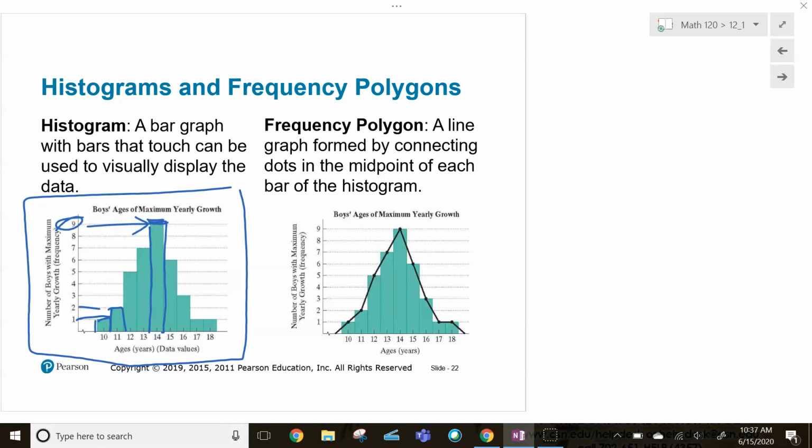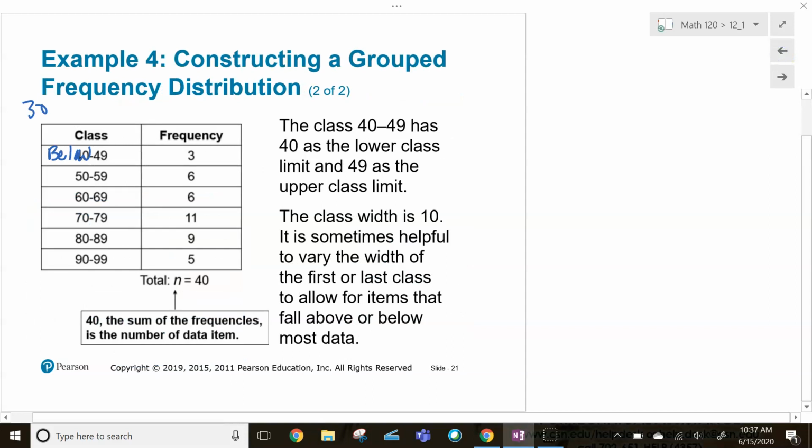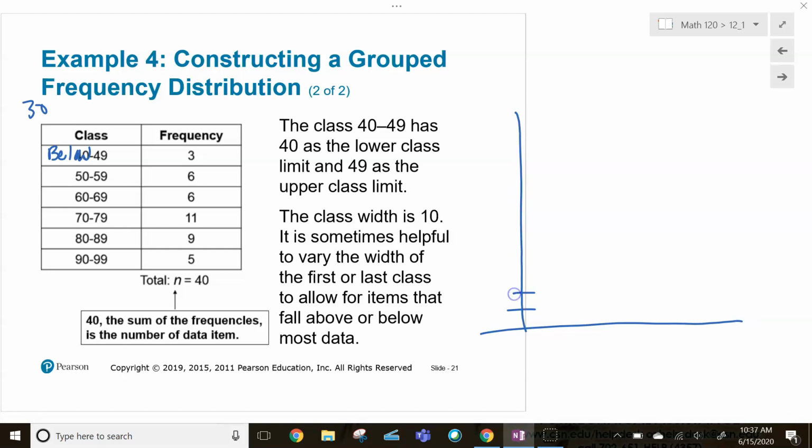So you take that frequency distribution and create a bar graph with that. You could do the same thing with our data over here. So you could have a 40 to 49 bar, and there's 3 people, right?